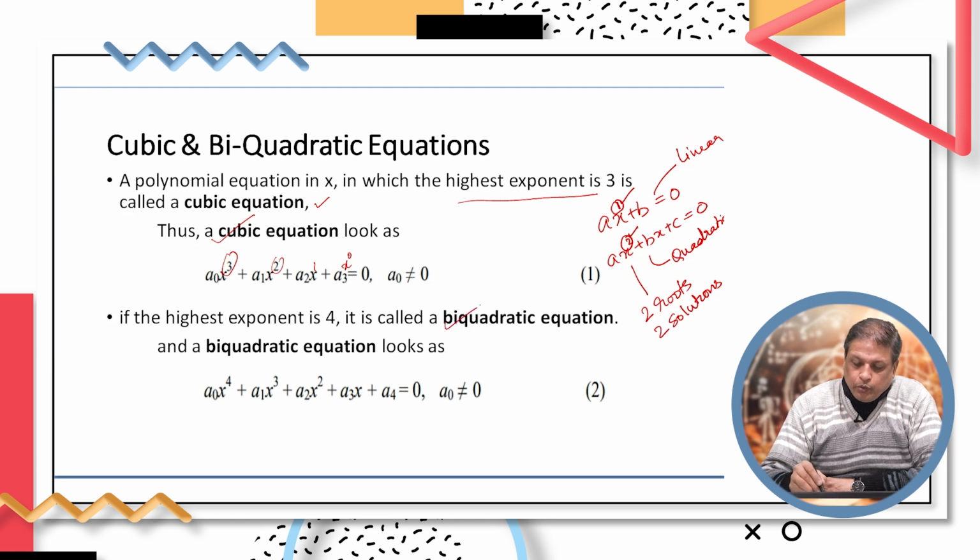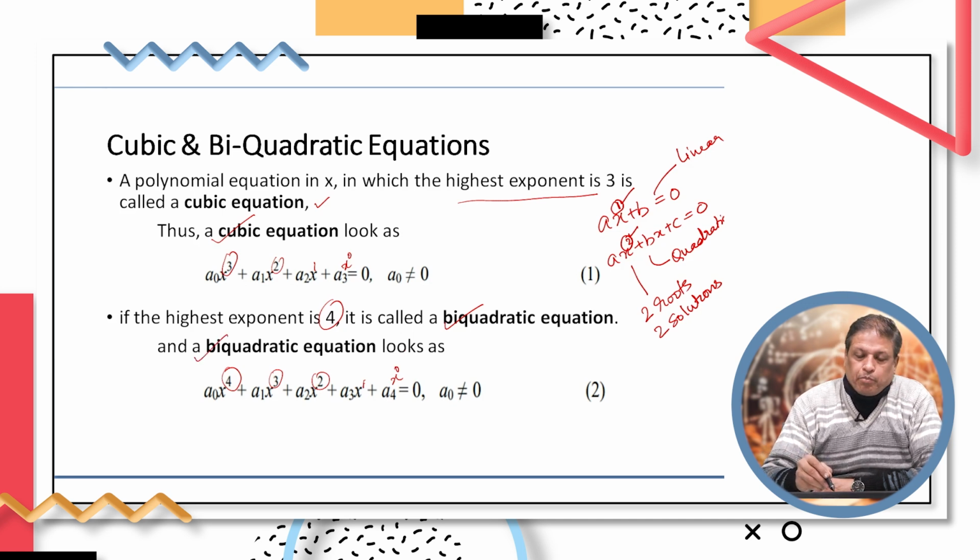Similarly, a biquadratic equation is an equation whose highest exponent is 4. Over here the highest exponent is 4, and the remaining exponents are less than 4. So, this equation is a biquadratic equation.